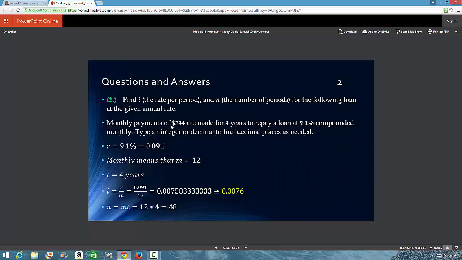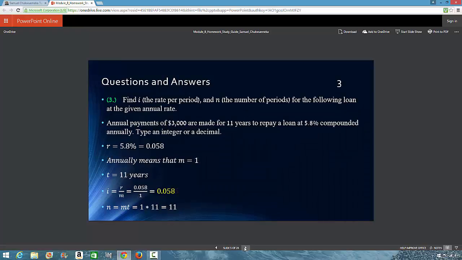Question 2. In this case, we have monthly payments made for 4 years at 9.1% compounded monthly. So you basically do the same thing as well. Question 3 is annual payments made for 11 years at 5.8% compounded annually.